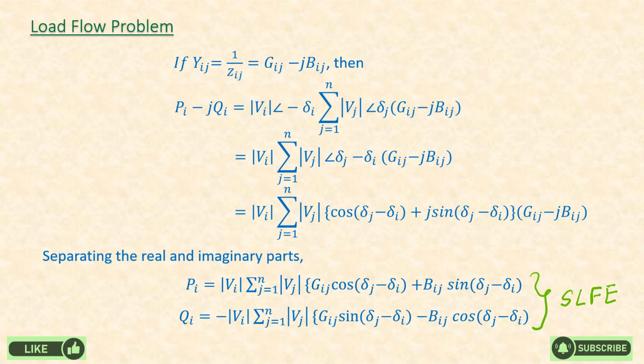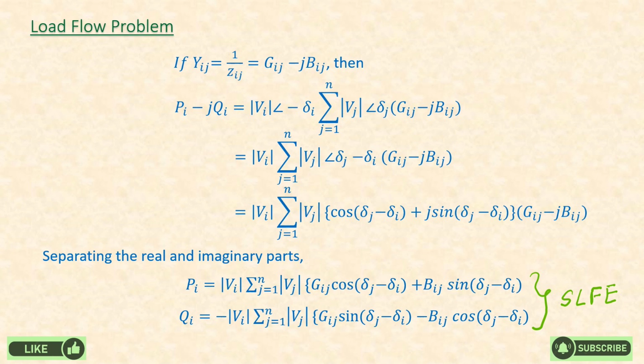We can also represent the static load flow equation in terms of the components of admittance. The admittance Yij between the ith and the jth node can be written in terms of its components as Gij minus jBij, where G indicates the conductance and B indicates the susceptance between the ith and the jth nodes.